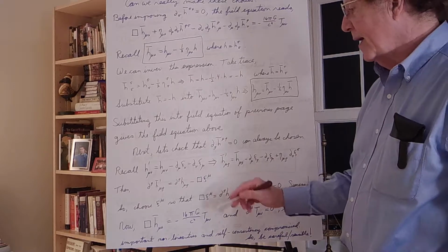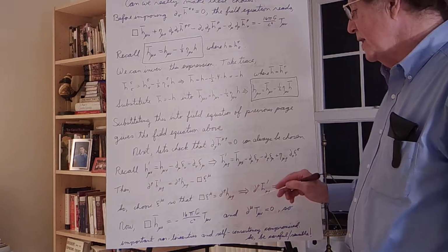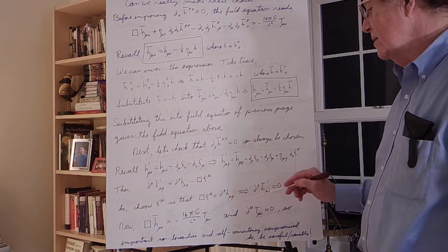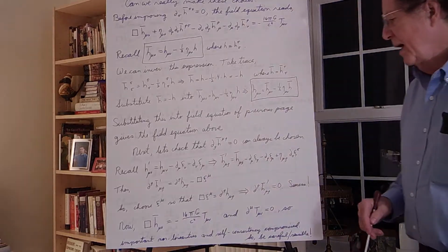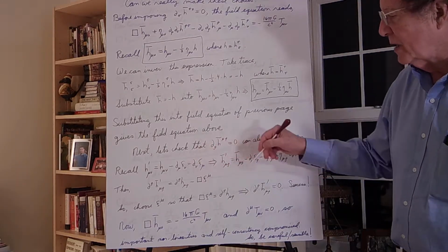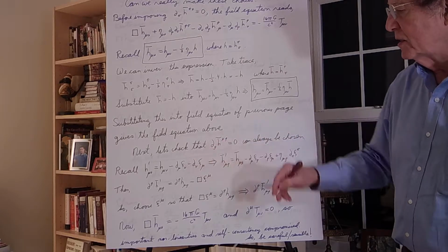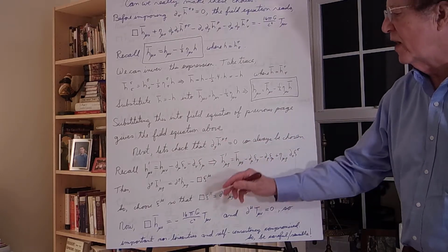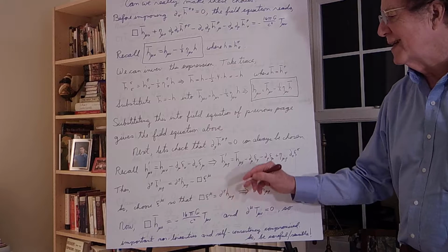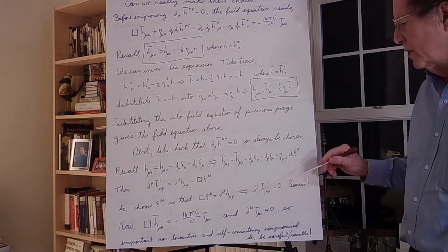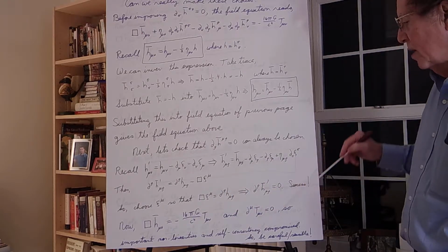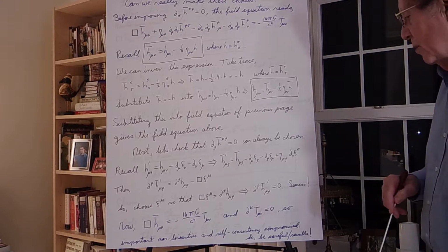In that gauge, wave operator on h bar is equal to constants times T mu nu. And also, in that gauge, if I take the divergence of both sides, since h bar satisfies the Lorentz gauge condition, T mu nu does also. And so the divergence of T mu nu is equal to 0.